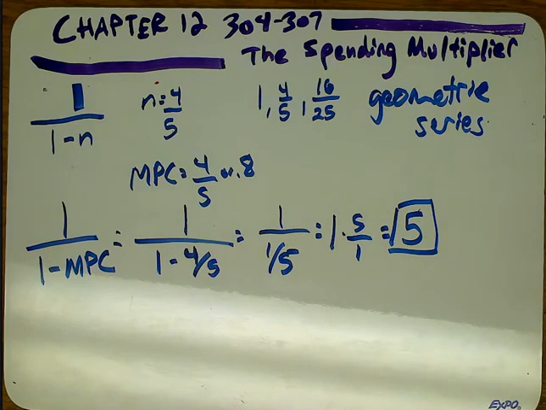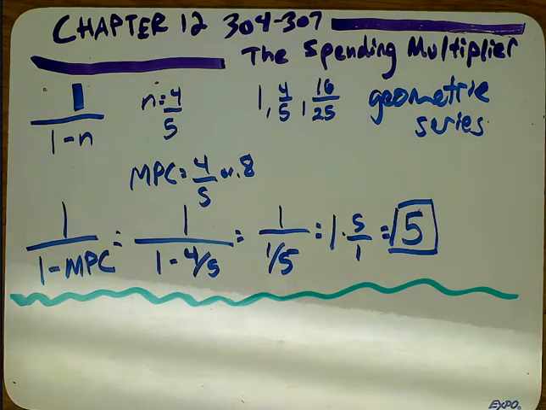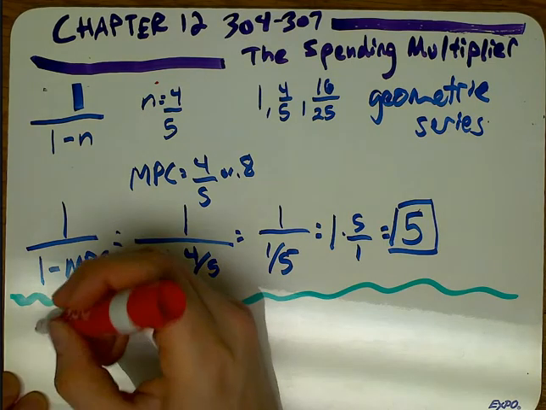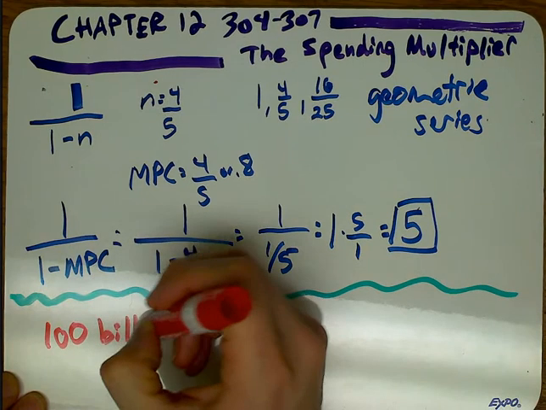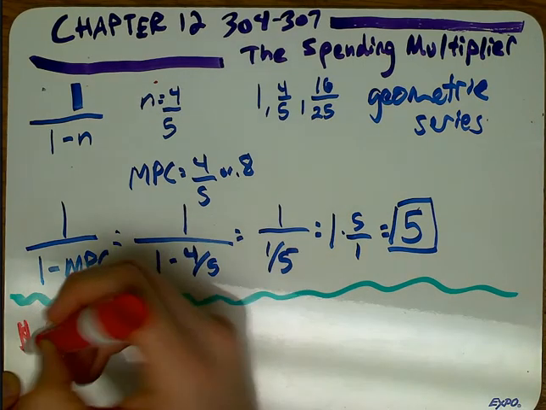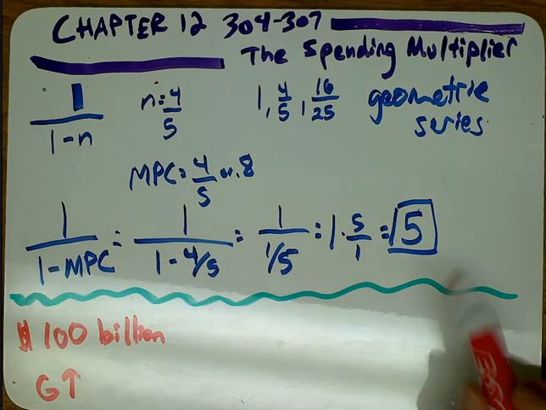If we're in a recession and the government wants to boost GDP, it increases government spending by $100 billion. What impact will that have on the economy? Well, we get to use our spending multiplier.